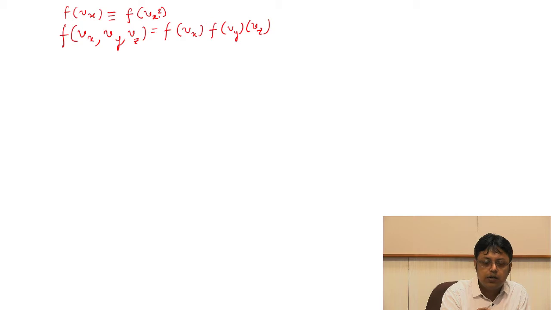So if we write it together, the probability distribution will be something like e to the power plus or minus vx square.